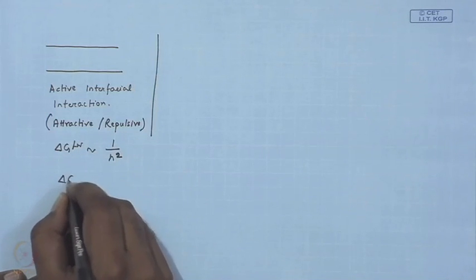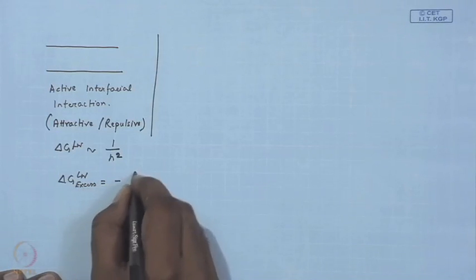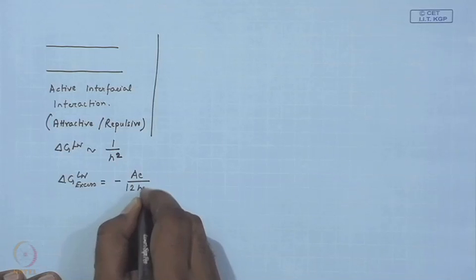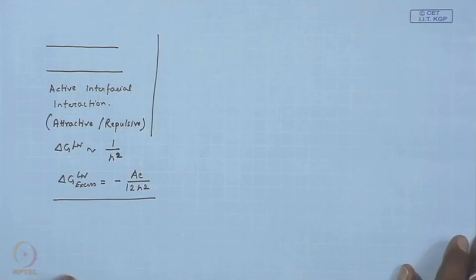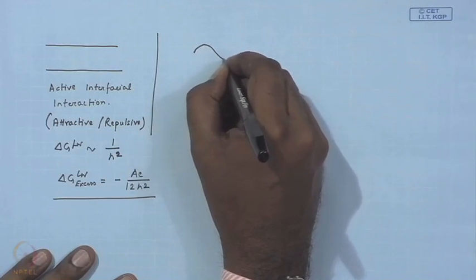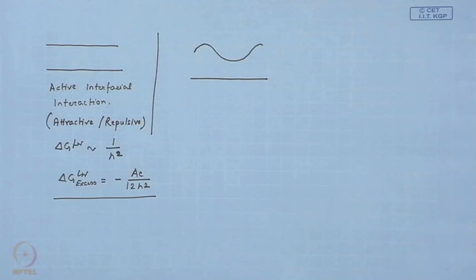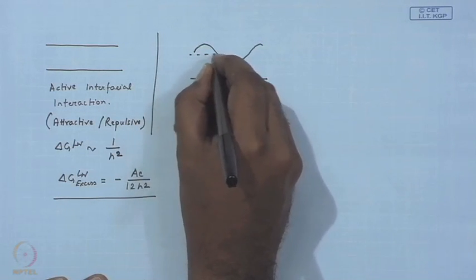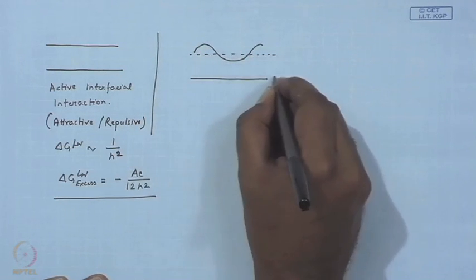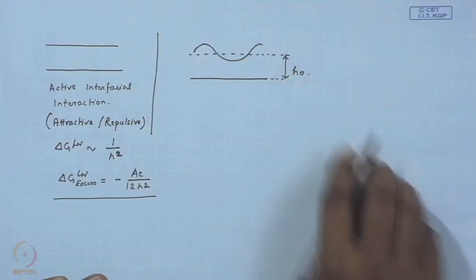Or we have, if we consider only the van der Waals interaction, okay. So, at any instance of time, if you now investigate the surface, let us say it is like this, we are tracking one single fluctuation, and let us say this was your mean film thickness.